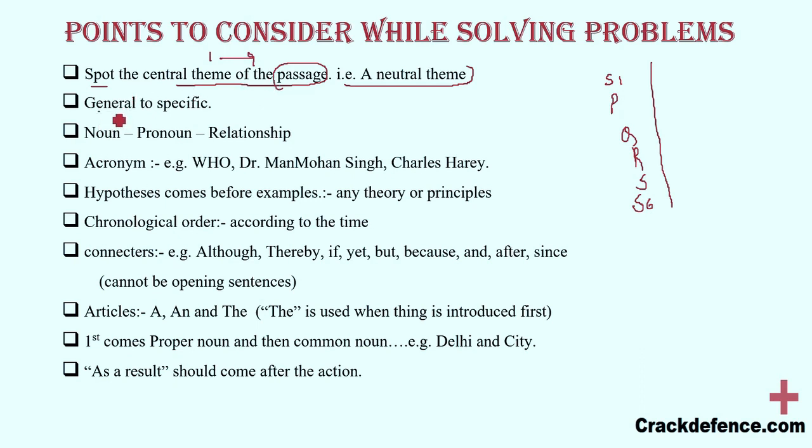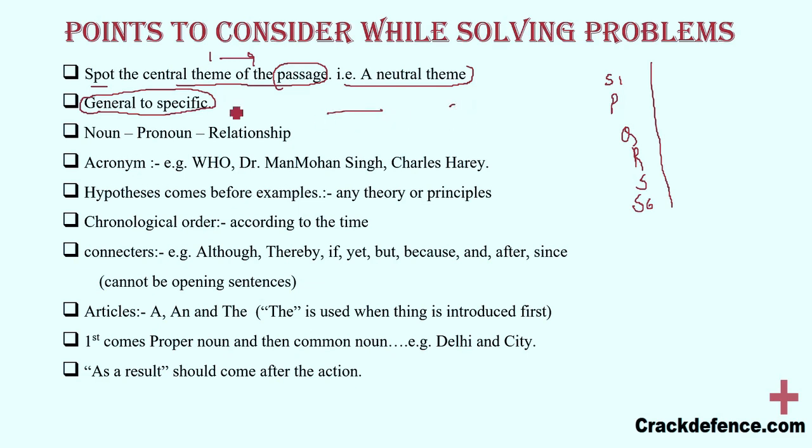Number 2, general to specific. In a passage, there will be a general thing and then there will be a specific thing. For example, there was a depression. This is general. But the effects of this depression were severe in XYZ country.